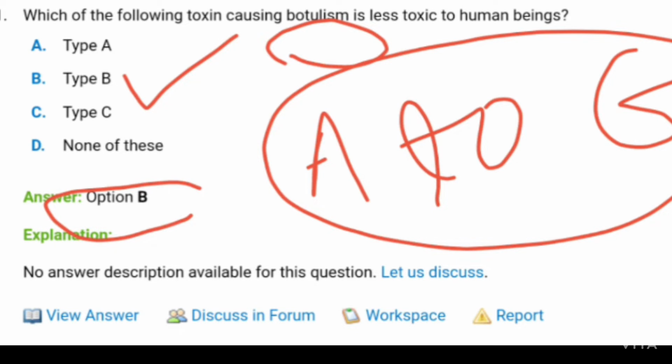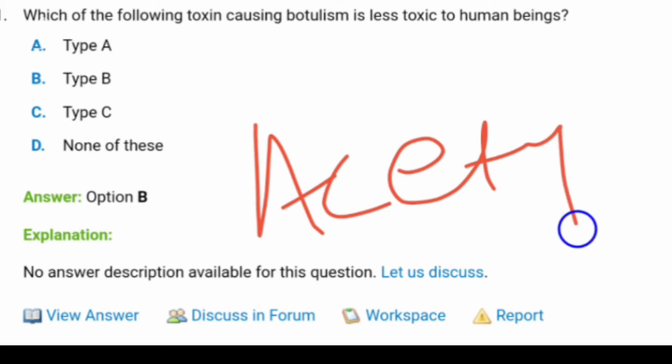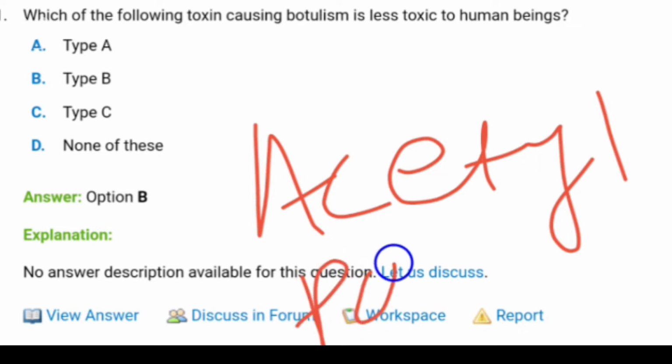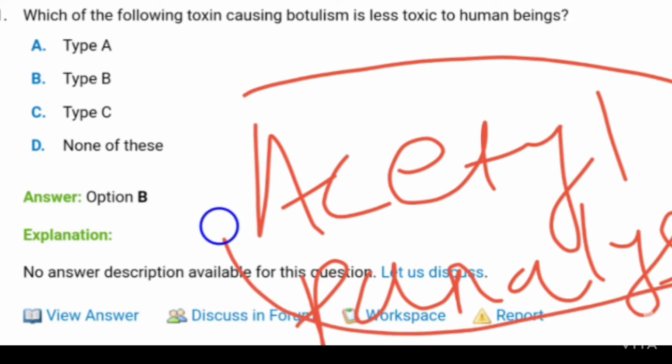And how do these neurotoxins act? They prevent the release of acetylcholine, which is a neurotransmitter, and without this acetylcholine, nerve impulse conduction is prevented and it causes paralysis.